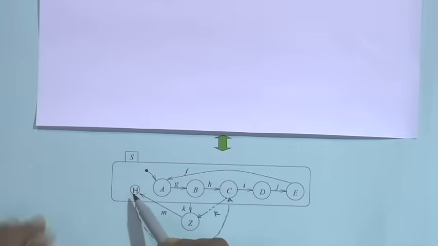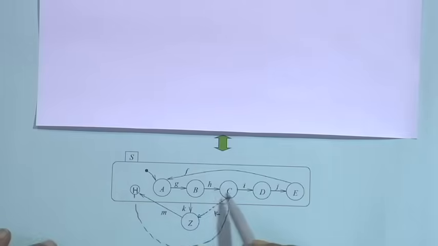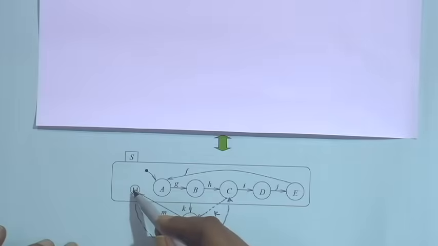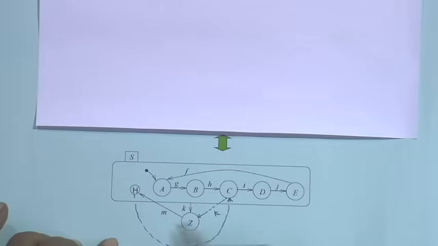Now, this H node will remember where you were at the last point of execution. So, when this specification tells me that you go back to S and follow your history node to find where you were, the history node tells me, well, I know I was in C. So, when I enter this, I will not again start with A, I will start with C. Clear? That is the role of the history node.